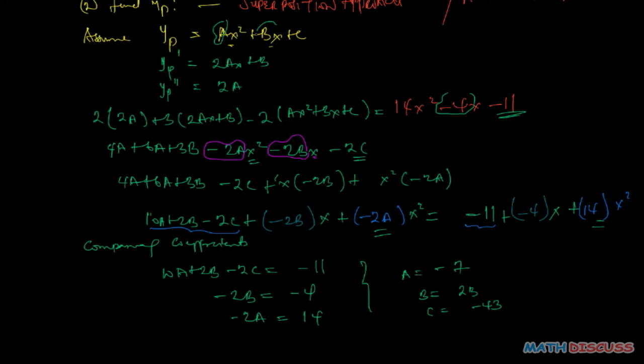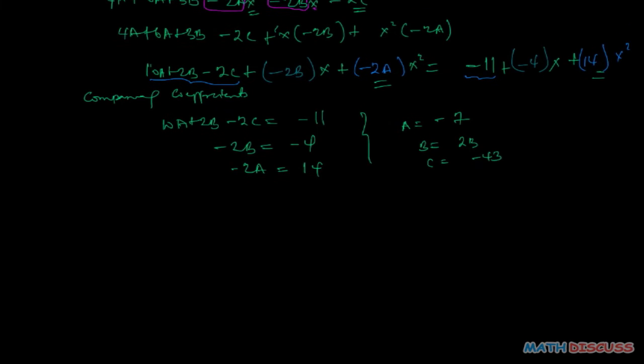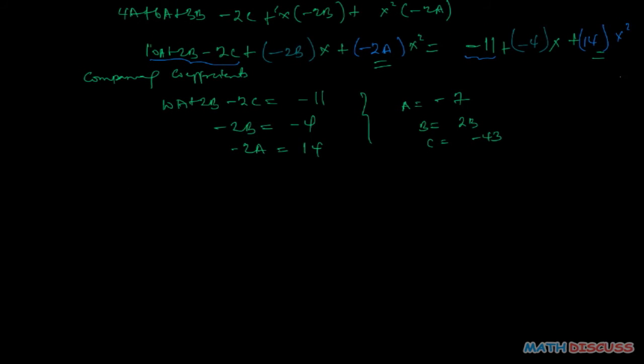So therefore our yp equals, after substitution, minus 7x squared plus 23x minus 43.